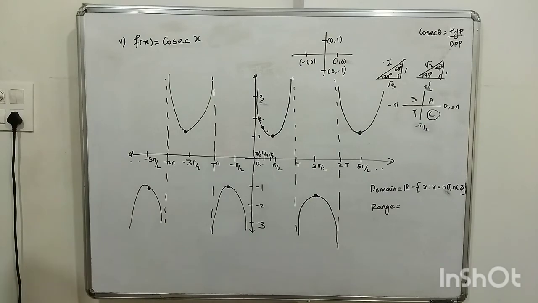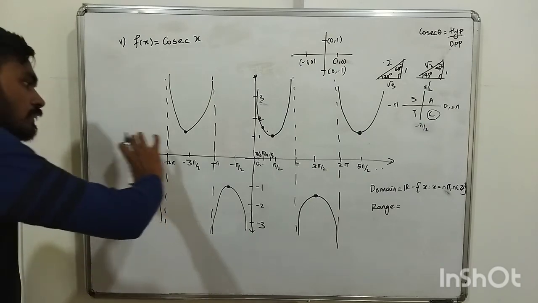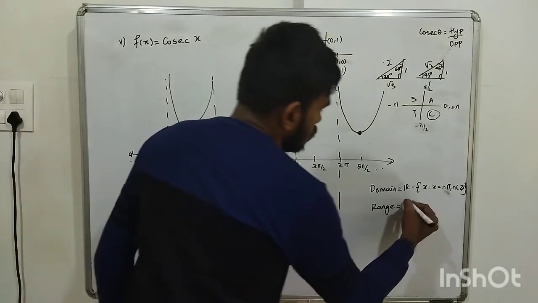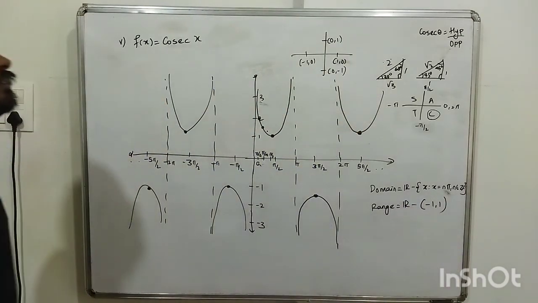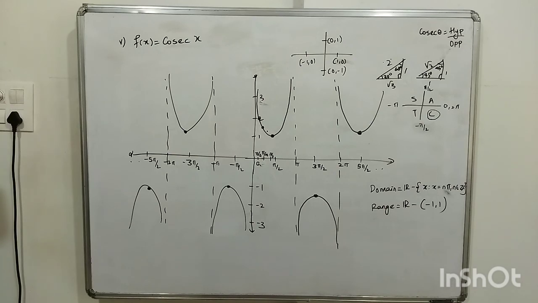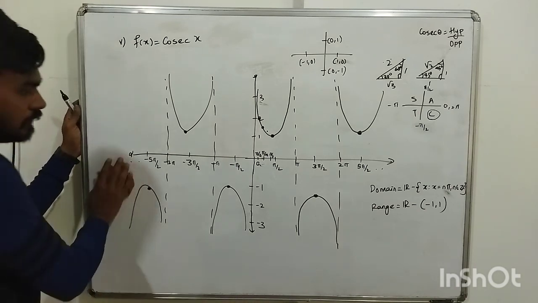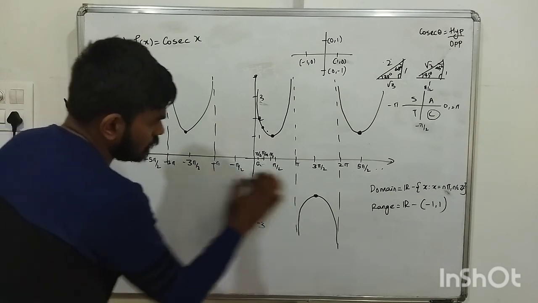And then the range will exclude this, and the remaining it will include. So R minus, the same way as we did for the range of sec x. So this is the graph. So these are all the graphs of the trigonometric functions.